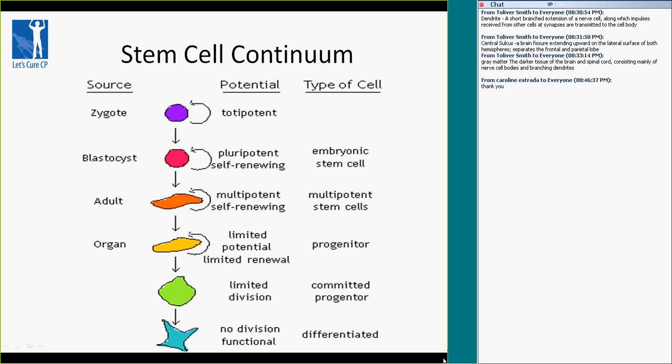Pluripotent cells cannot revert to zygotes. They cannot revert to totipotent cells, but they can produce any type of cell in the body, and those are embryonic stem cells. Then from that point, you get into the adult stem cells, the multipotent stem cells. They are slightly differentiated, but they still have dramatic power.